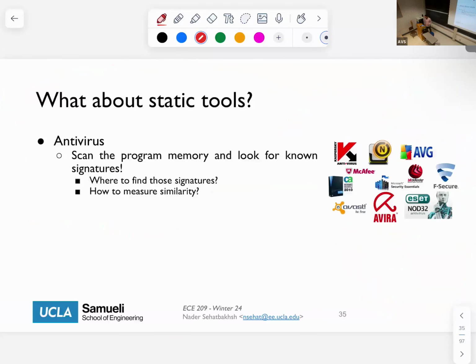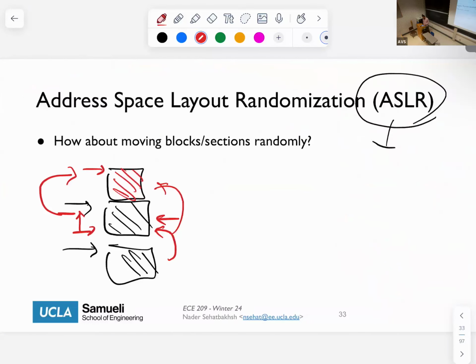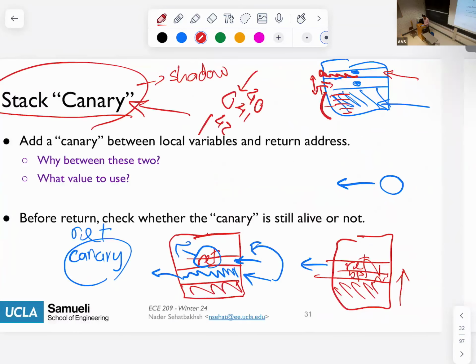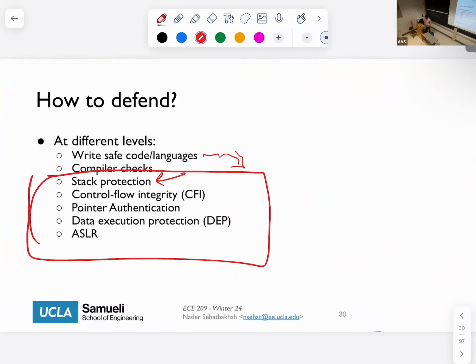All right, so let's talk a little bit more about these vulnerabilities. I told you that one thing we want to do is to either prevent or detect the presence of these memory vulnerabilities. For a given program, I can try to check whether I find any potential vulnerability in the system.